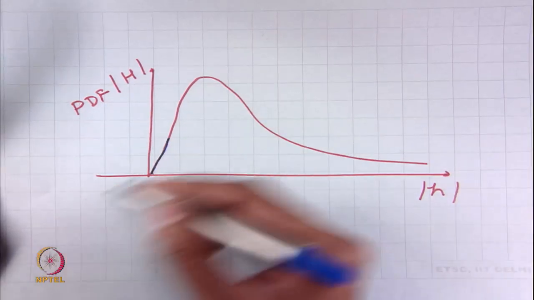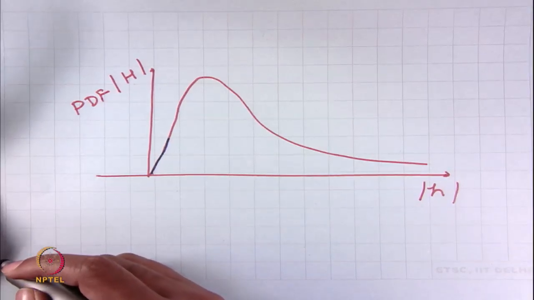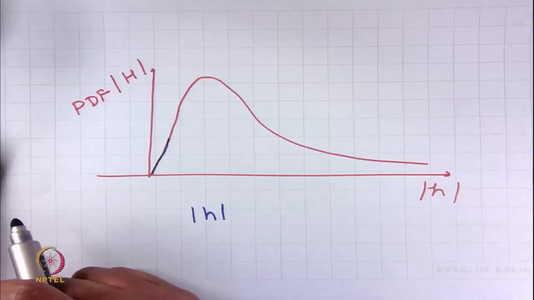Okay. And thus, if your channel is in what is known as a deep fade, and we will see what this deep fade means, but let us just assume at this point that deep fade is the condition when the channel is very badly behaved. So, when the channel is in deep fade, it simply means that you have a very small value of this mod of h.